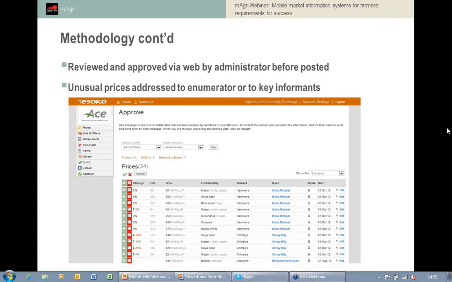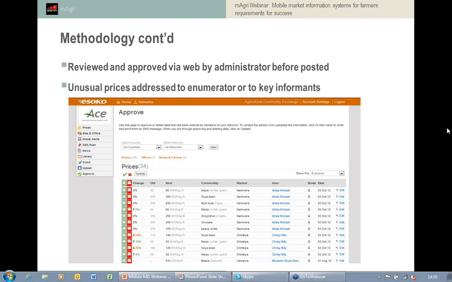An administrator here at the office reviews those prices, looks for any changes which are unusual, any outliers, and then we can contact the enumerator if we have any questions, or if we don't get a reasonable answer from the enumerator, we have a third party, a key informant in every market that we can contact to sort of check on things.